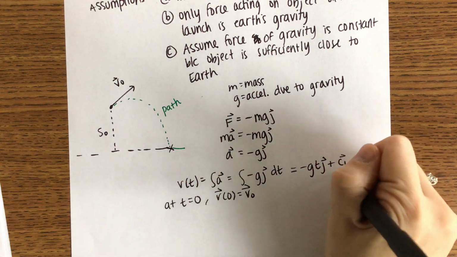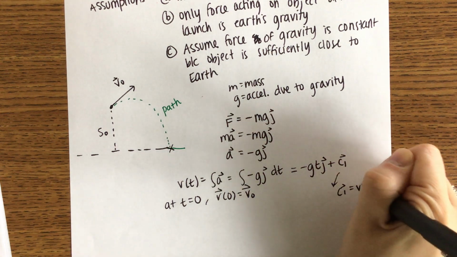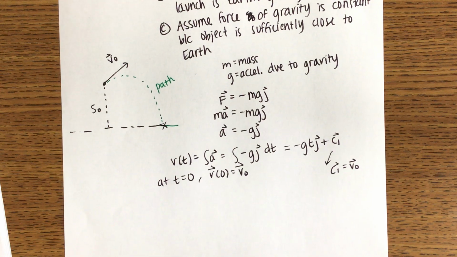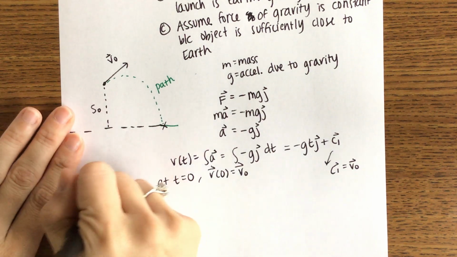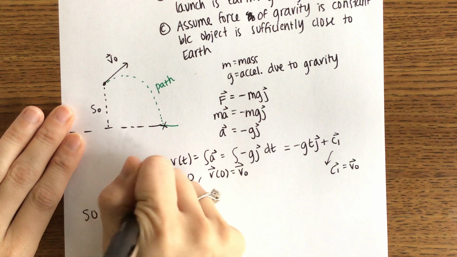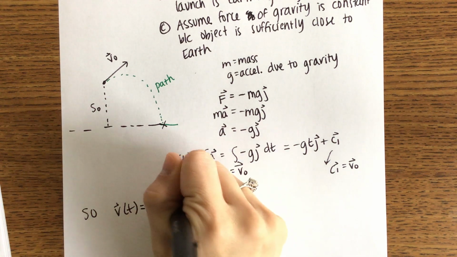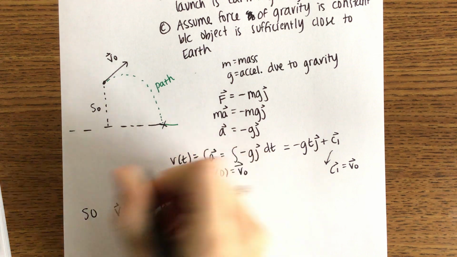That tells us then that c1 equals v sub 0. So, first important formula is velocity is negative g t j, add the initial velocity vector.